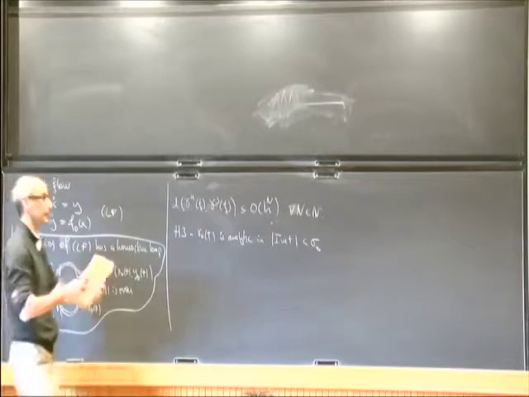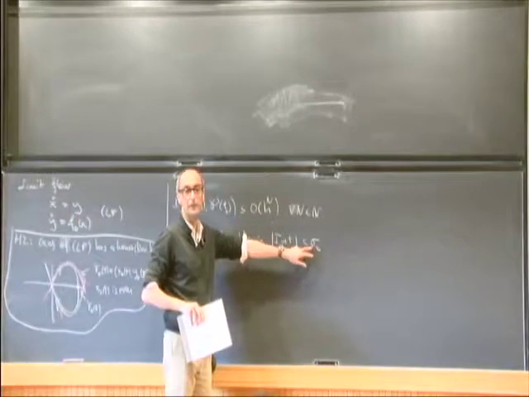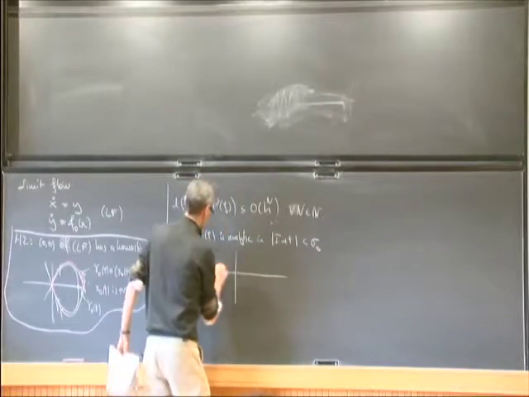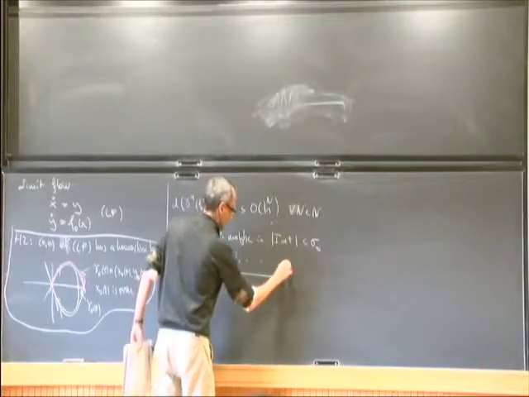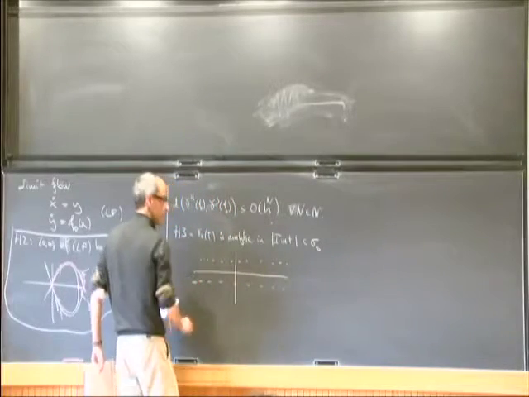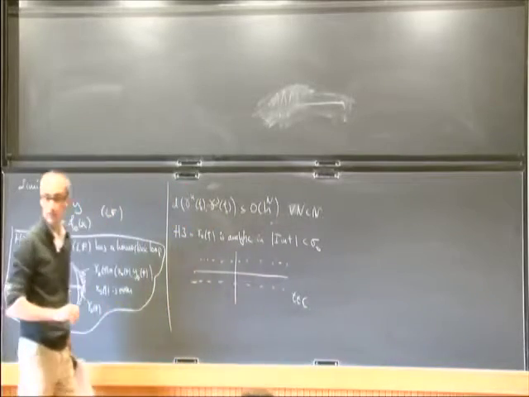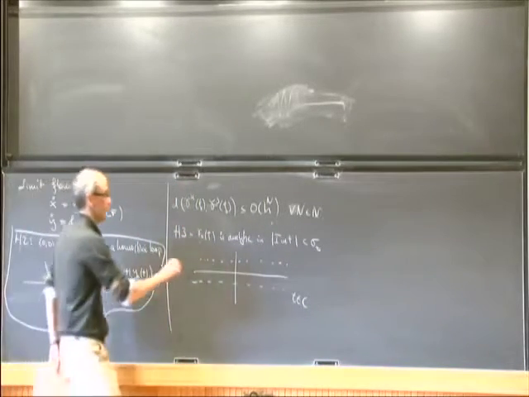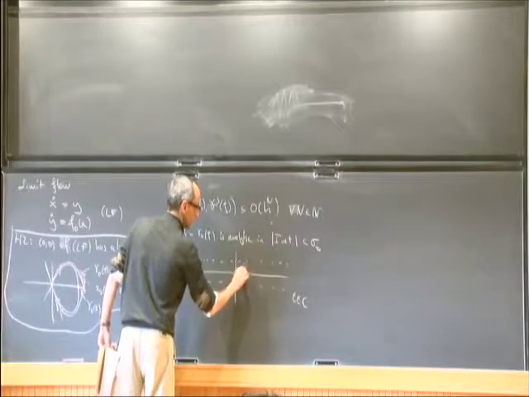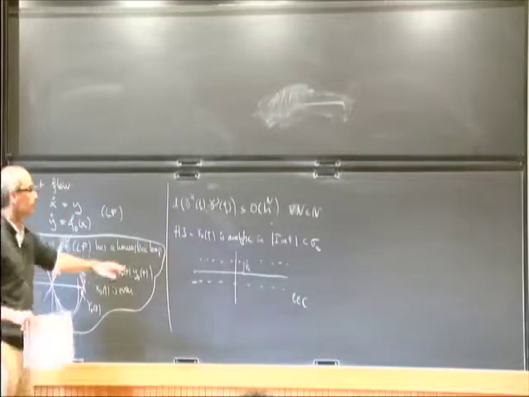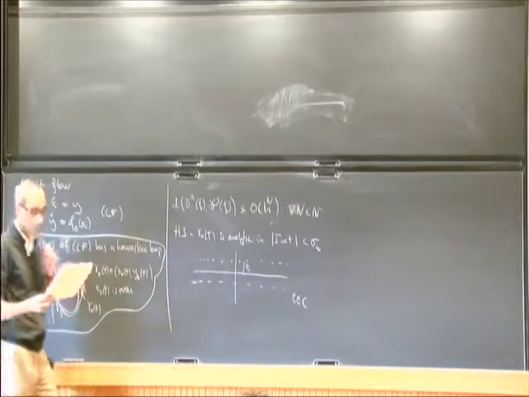And the size of the neighborhood, I'm assuming that is sigma naught. So this is where time is, and I'm assuming that for t here, this function is analytic.